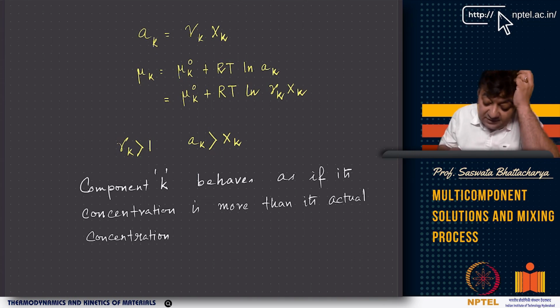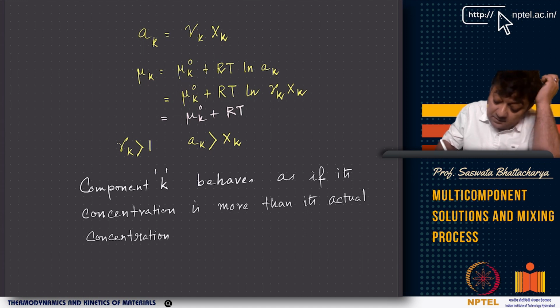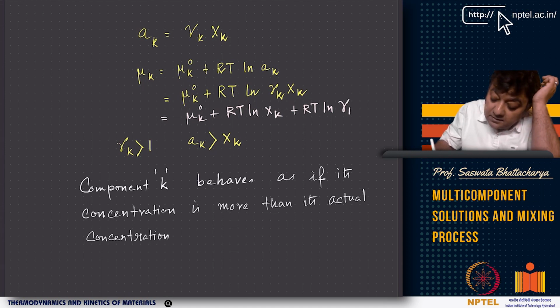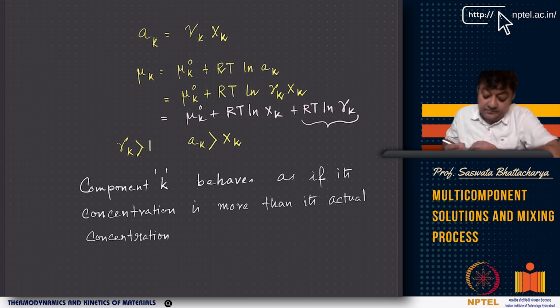This can be written as mu K0 plus RT ln xk plus RT ln gamma K. This last part comes in as the excess.